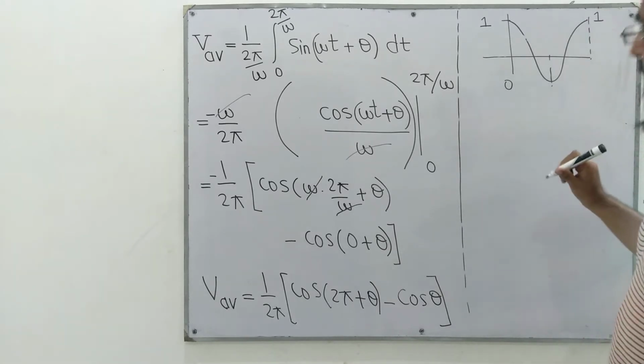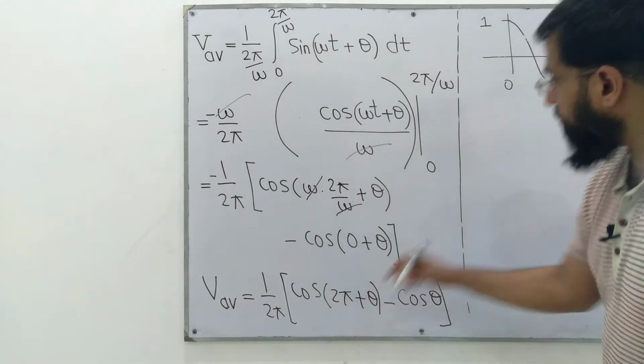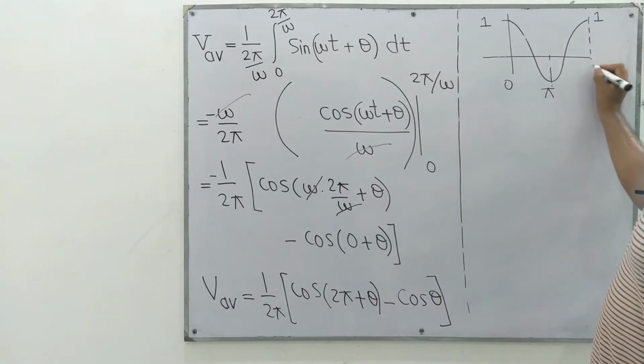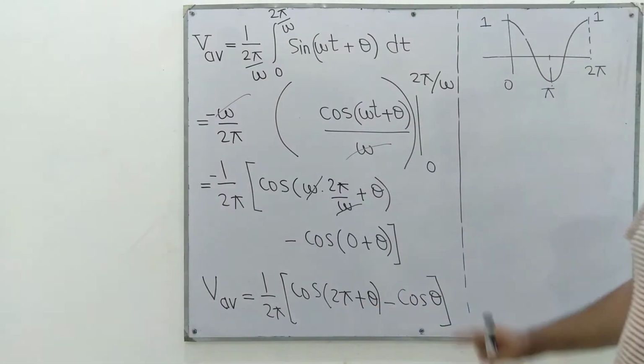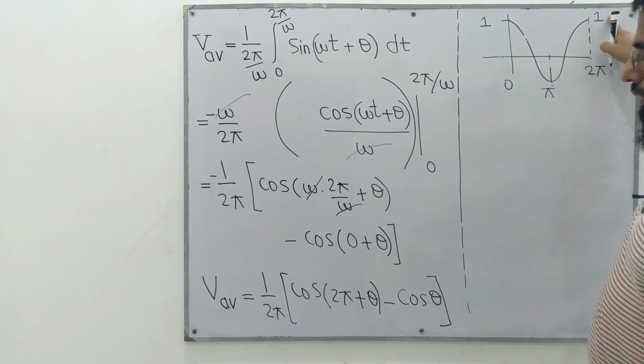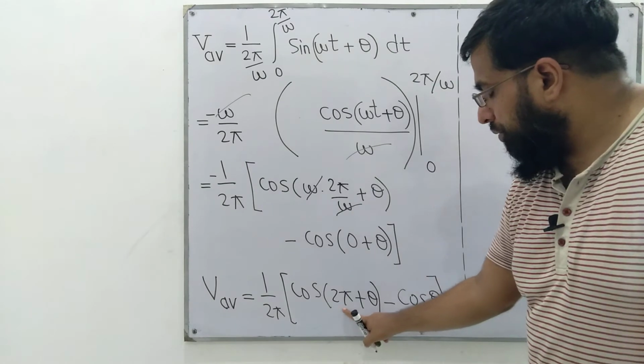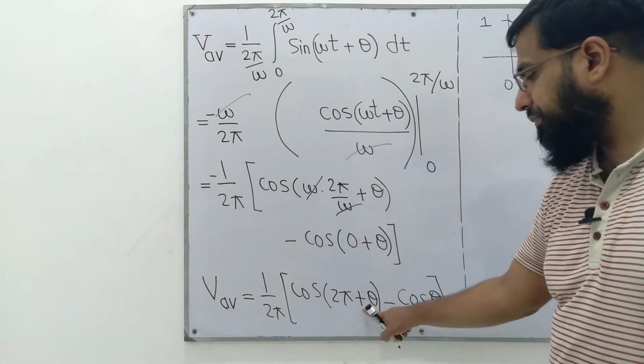So if this is pi, this is 2 pi. This is cos of 2 pi. Cos of 2 pi is a 1. Cos of 2 pi plus theta.